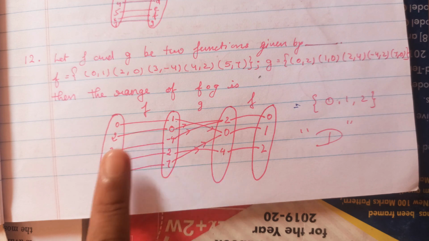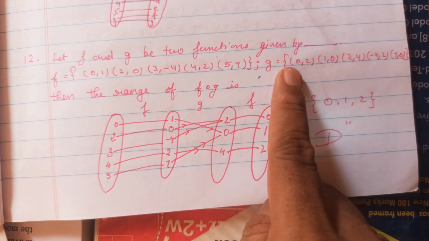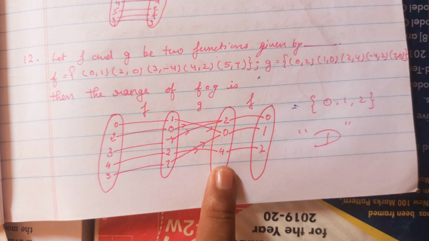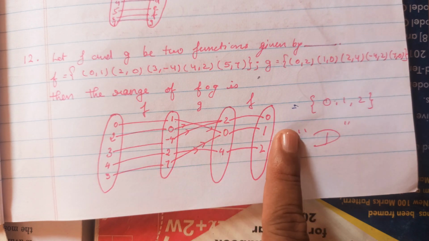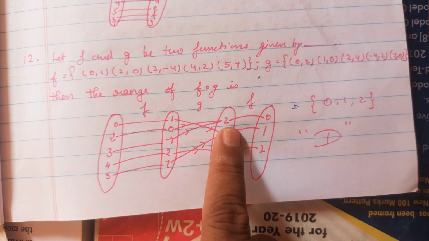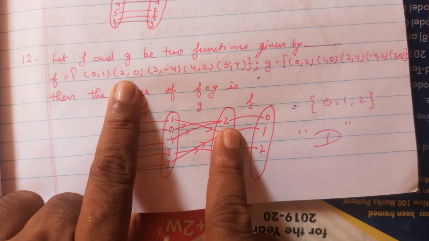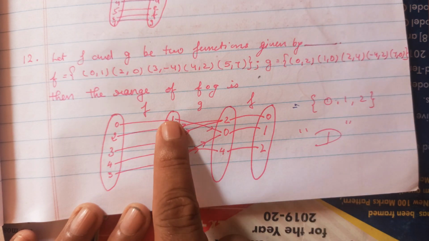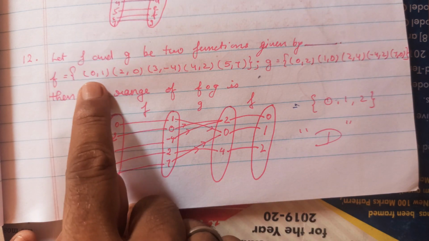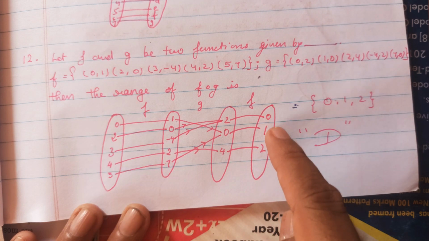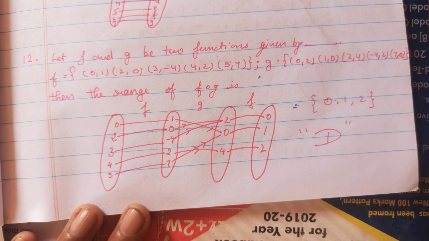So the relation is formed for f: 0, 1, 2, minus 4, 7 to g. Again we represent f here. So 0 to 2, 2 to 0, then 1 to 0, and 0 to 1. As you can see the values here are 0, 1, 2, hence option D is correct.